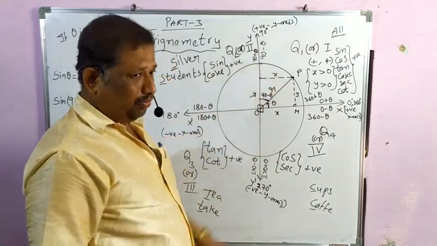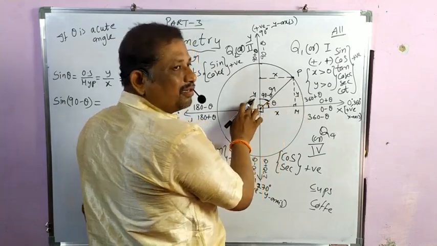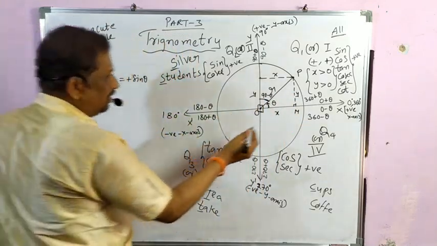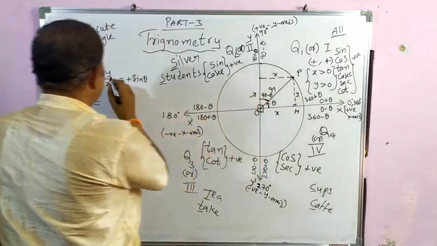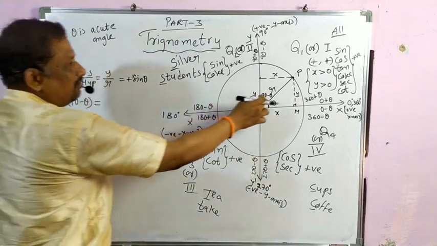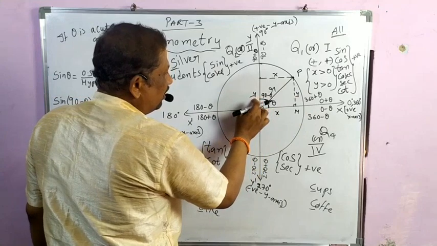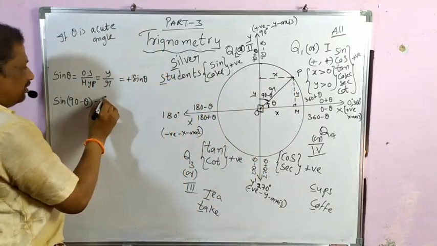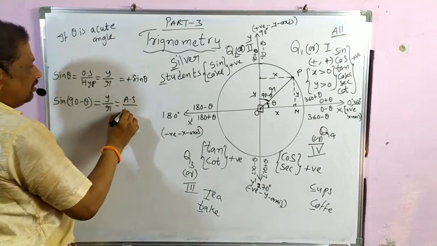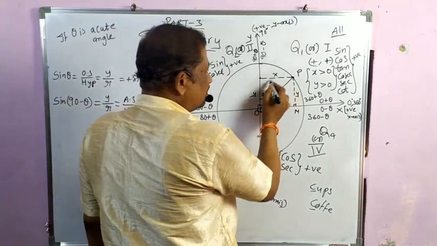But the opposite side in one triangle becomes the adjacent side in the other triangle. So the ratio changes here. Whenever it comes to 90 minus theta, the opposite side by hypotenuse, y by r, hypotenuse means r, no. So y comes here now. Here y is the adjacent side and r is common. Y by r becomes adjacent side by hypotenuse. Again, 90 minus theta means it falls in the first quadrant.